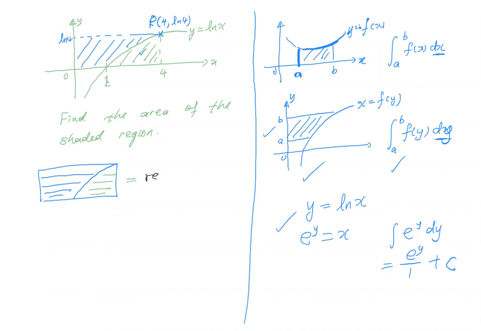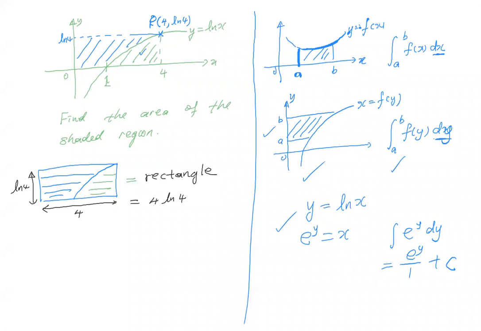Am I right? So how to find the area of the rectangle here? What is the width of this rectangle? 4. What is the height of this rectangle? ln 4. Good. So it's 4 ln 4.